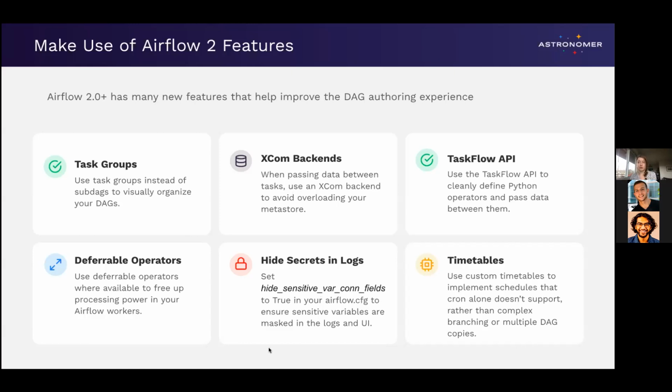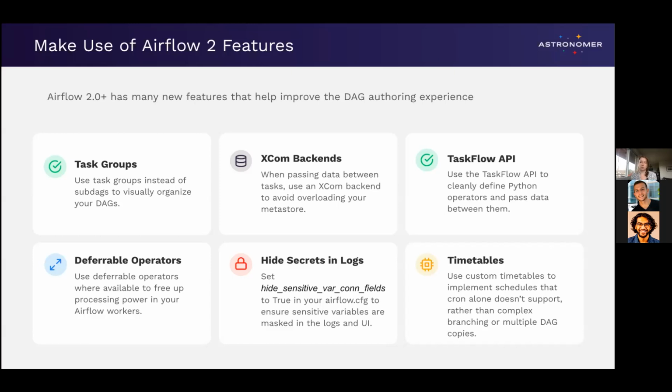And the final one I threw in here, a minor feature release in either 2.1 or 2.2, I can't remember, but just to make everybody aware that it's out there: you can set the hide sensitive variable connection fields variable to true in your Airflow config, and that's going to make sure that any sensitive variables get masked both in your Airflow logs and UI.